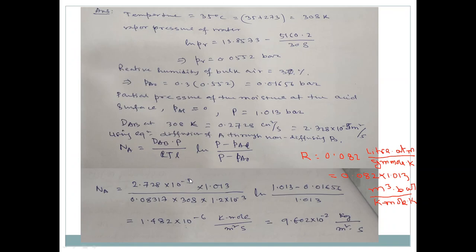This is PA0 minus PAL. So this will be P minus PA0, this is 1 PA0 by PA. PAL will be 0. So it is wrong, so I should make it correct.